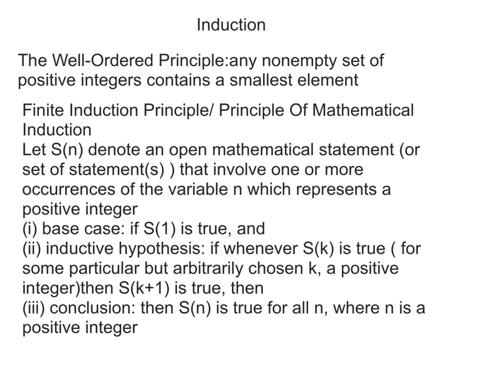Again, the inductive hypothesis is essentially if whenever S of k is true, then S of k plus 1 is true. Then, if these two things are true, the base case and the inductive hypothesis, we can conclude S of n is true for all n, where n is a positive integer.